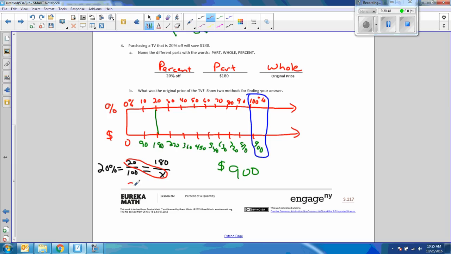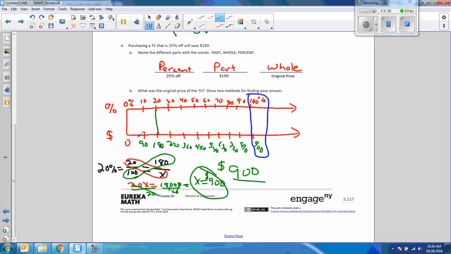So that's 20x. And then I'm going to cross multiply. 100 times 180 is 18,000. Divide both sides by 20, and the 20s cancel here. Divide this by 20, zeros cancel, and now we get x equals 1,800 divided by 2 is $900. Same as this one here.